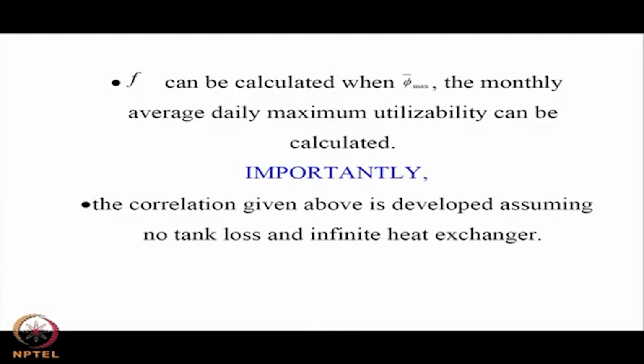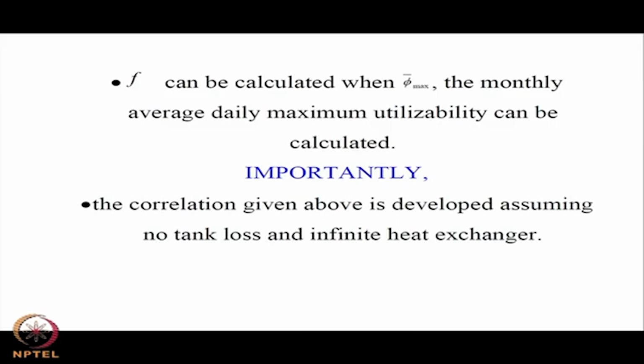Now, last but not the least, in this correlation we do not know anything about the heat exchanger, number 1. Number 2, we also have not explicitly or implicitly considered in deriving this relation the losses from the tank. So, you might wonder why the losses from the tank were not there in the F chart, nor did I mention the tank losses and the heat exchanger correction.